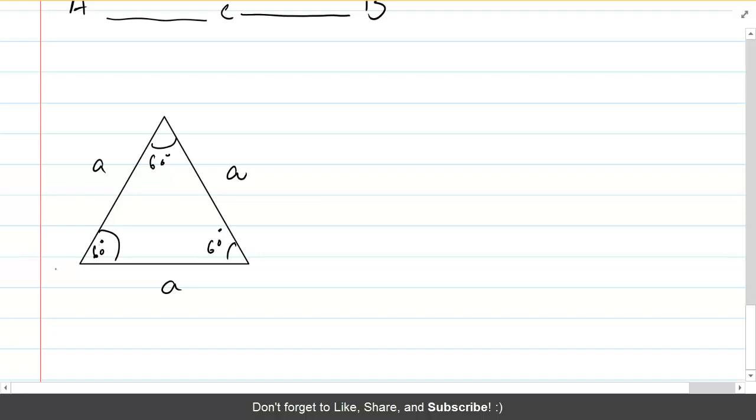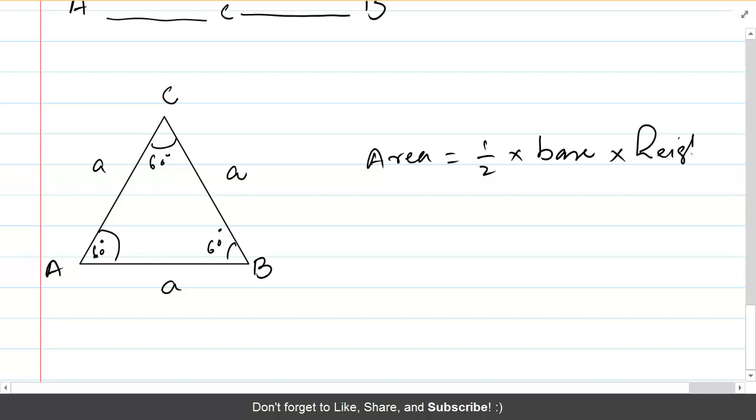And just like we learned the naming conventions, we can name them A, B, C. And here the area is again the same, 1/2 times base times height. And if we wanted to know what the height is, we can make use of the Pythagoras theorem and find out the height.